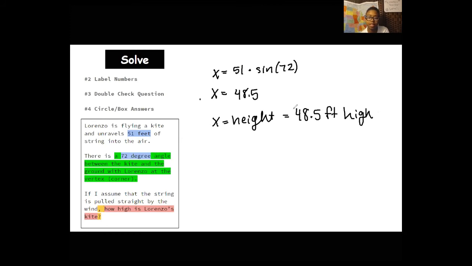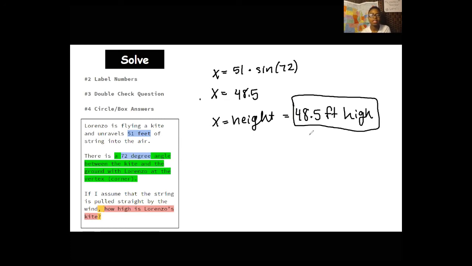So let us circle or box it and just check if we answered the question completely. So the question says, how high is Lorenzo's kite? We got a height. We got 48.5 feet high. And we're done.